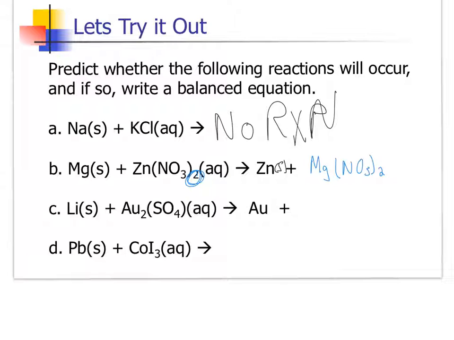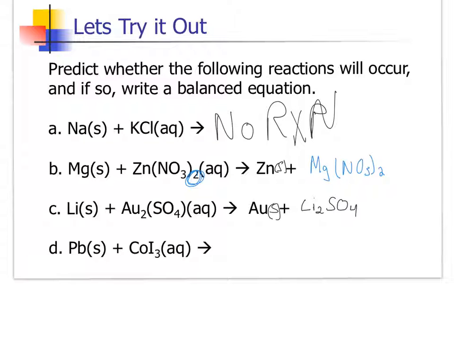And so the sulfate is no longer going to hang out with gold, and gold will be by itself and will be precipitated out as a solid. That 2 that's on gold doesn't stay there anymore because that came from the sulfate, and now the lithium has a positive 1 charge, but because sulfate has a negative 2 charge, it gets a 2 on the crisscross, and then you will see that you have your sulfate.